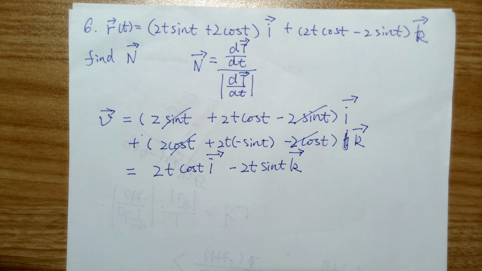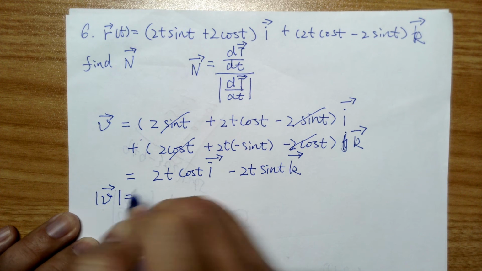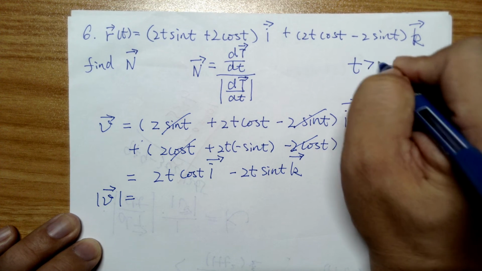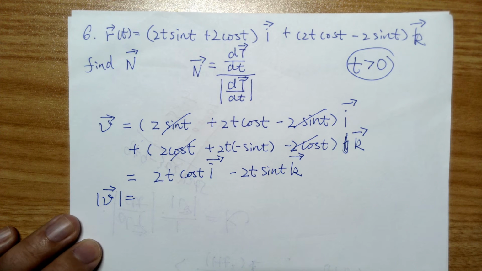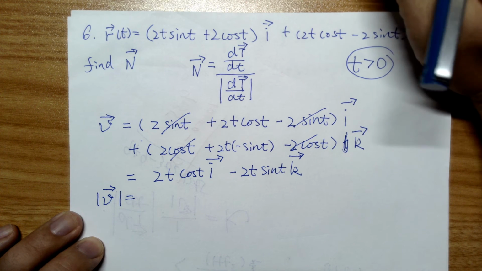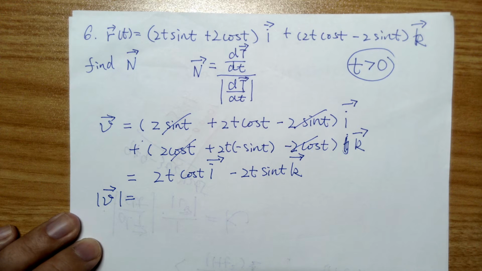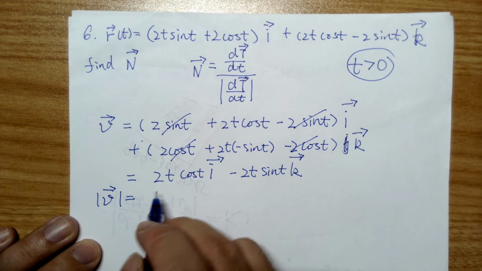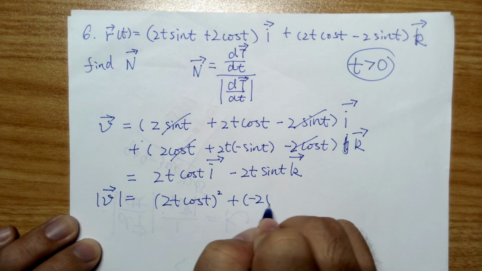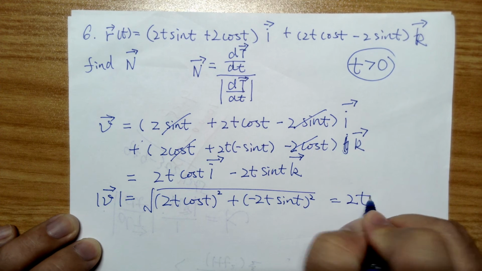So that's the velocity and its magnitude. You will see that if we put one more condition, say t is greater than 0, its magnitude is going to be 2t.